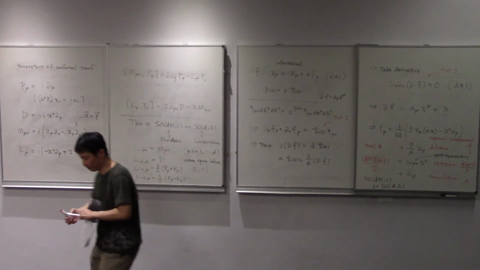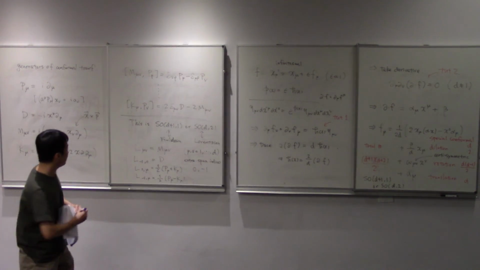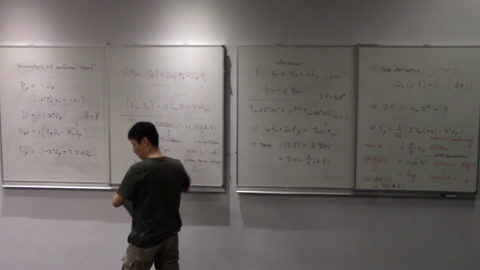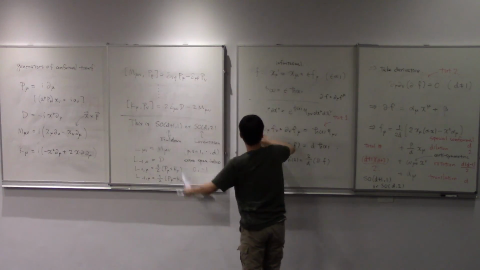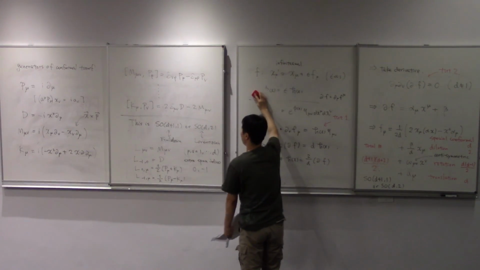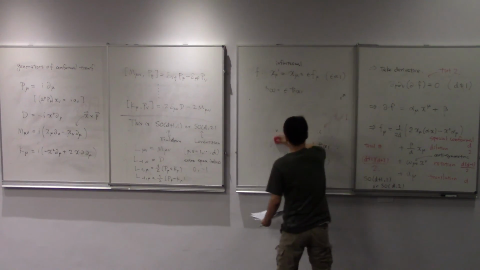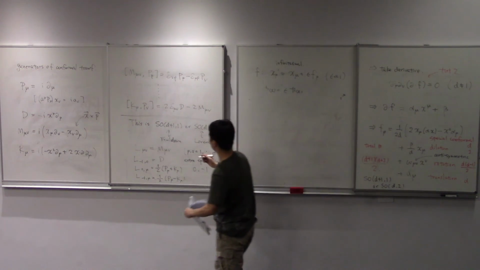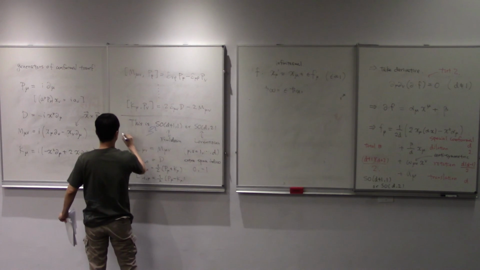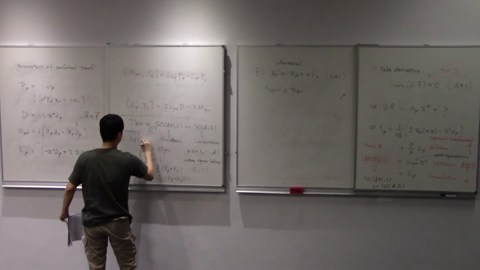And so finally, I just mention this is related to AdS space. Because this SO(D,2) or SO(D+1,1) is the isometry of AdS_{D+1}.